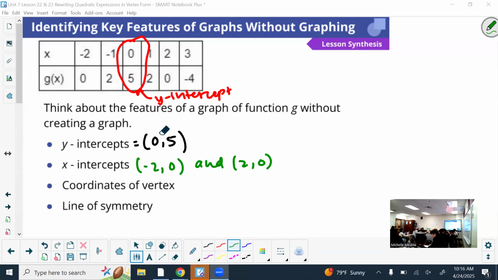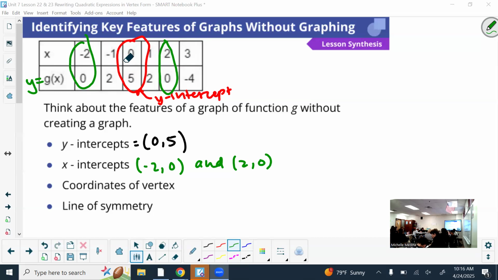Because if your y-intercept is when x is 0, your x-intercepts are when y is 0. This is in function notation. You know that this is the same thing as saying y. So when my y is 0, these are going to be my x-intercepts. And depending on what snapshot of the graph they give you, maybe one of the x-intercepts isn't showing, but you will base it off of where your vertex is.